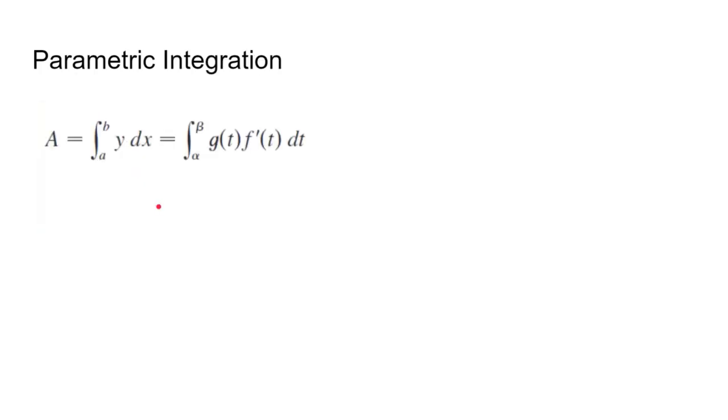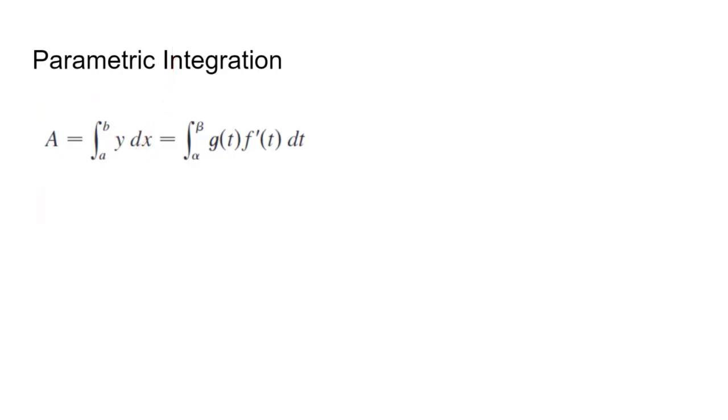Parametric integration. I only gave one of the formulae for this, but there's two. So this is area. I didn't really write anything on this slide, but this is area. The area of a parametric curve, and this is actually area between the x-axis and the curve because of the dx.